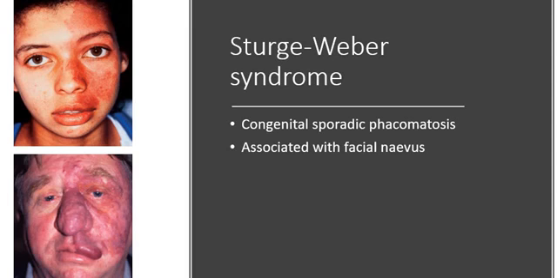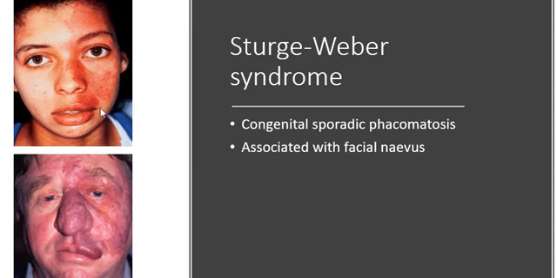Sturge-Weber syndrome is a congenital condition where patients develop benign tumours of the brain, the skin and the eye. And what happens is they get this port wine stain, which extends over the area corresponding to the distribution of one or more of the branches of the trigeminal nerve. And usually the patient has a lesion which is unilateral.